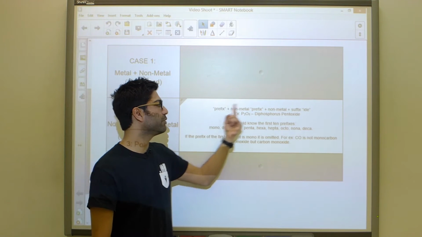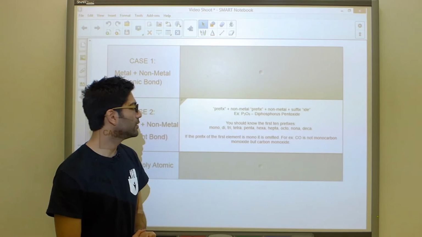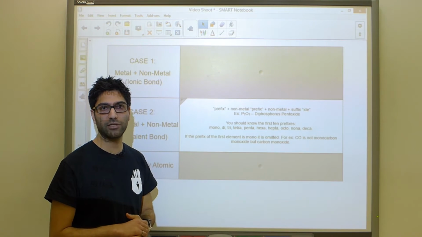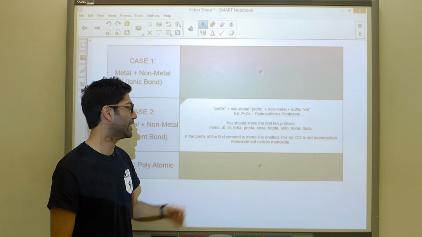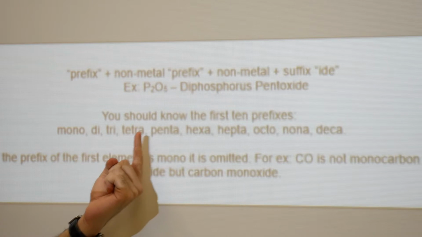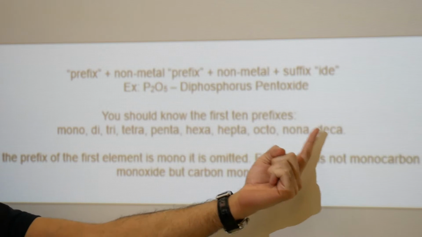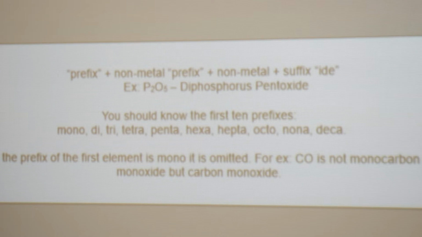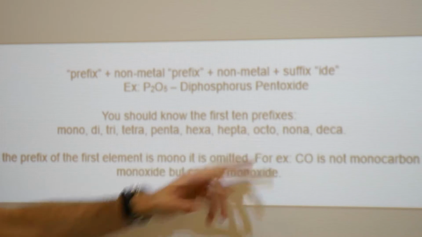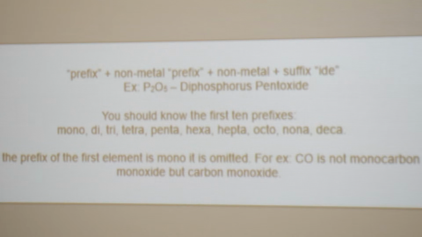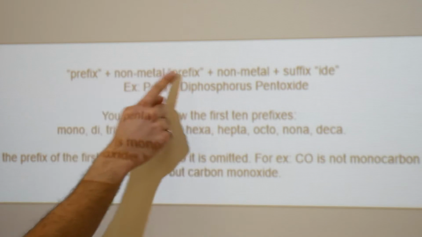When we're talking about prefixes, we have to kind of count in chemistry. From 1 to 10, that's like saying mono, di, tri, tetra, penta, hexa, hepta, octo, nona, deca. This is something we kind of learned in grade school. I don't know if you guys remember, pentagons and octagons and so on. And it's coming back here. So this is what we mean by prefixes.